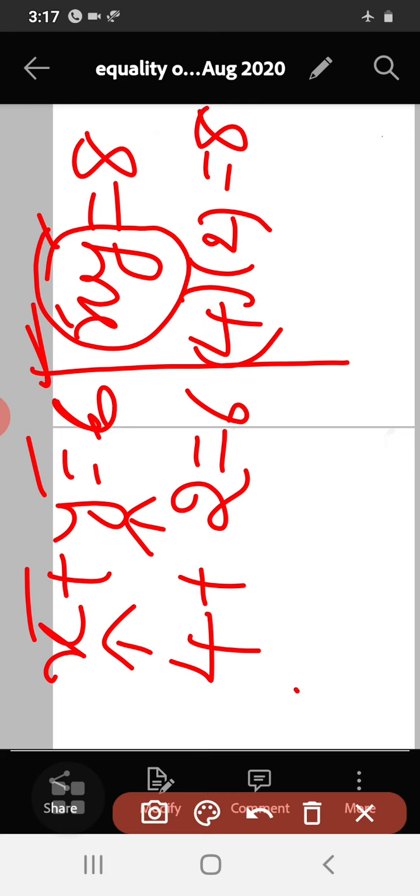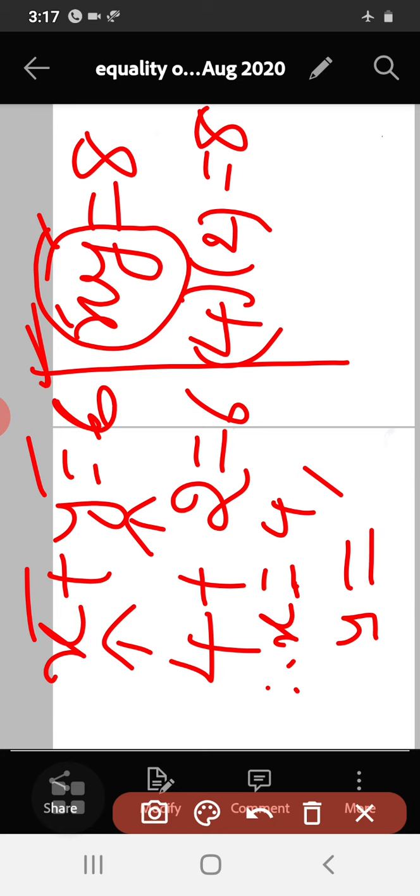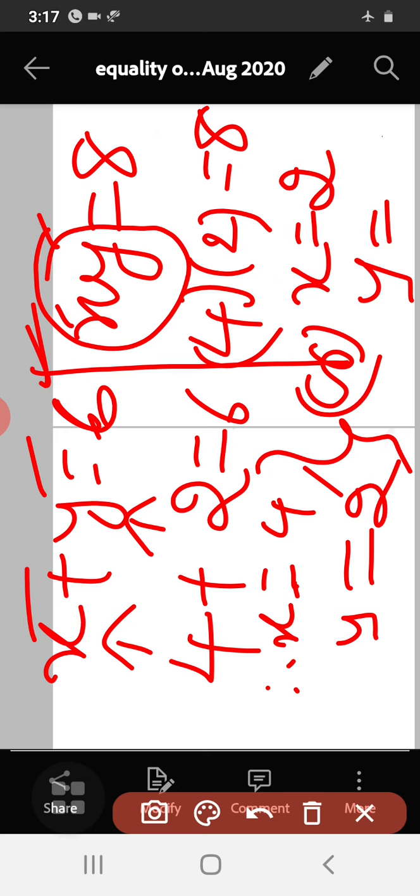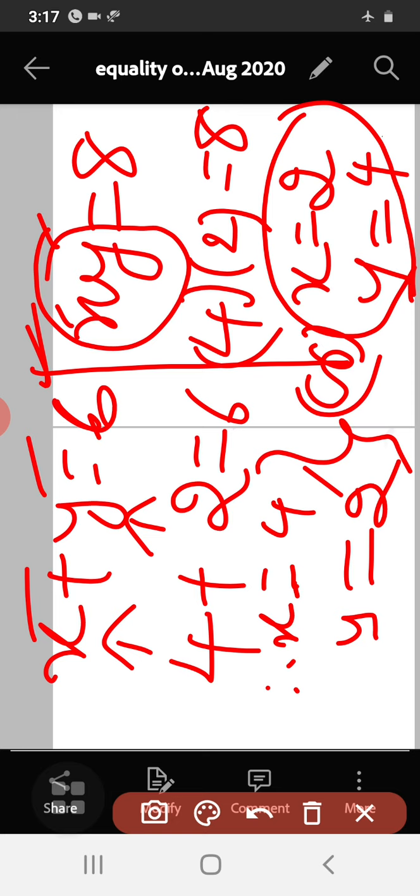So I can write this as x is equal to 4, y is equal to 2. Okay, or I can also write this as x is equal to 2, also y is equal to 4. See, 2 into 4, 8, and or 4 into 2, that also gives me 8. So x may take 4, y is equal to 2, or x may take 2 and y is equal to 4. So these are the options.